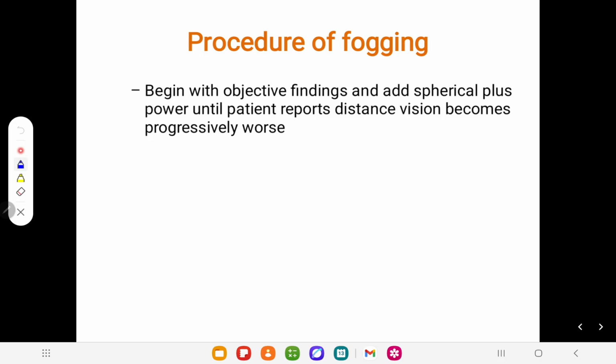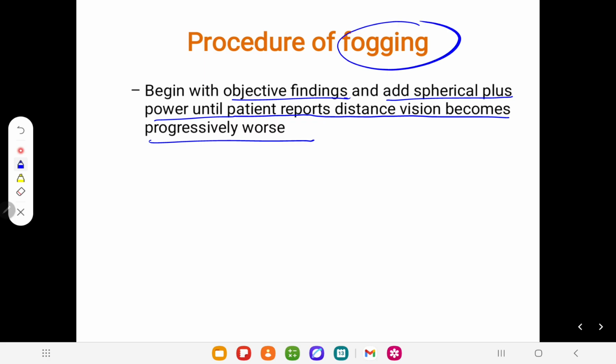The procedure of fogging begins with the objective finding, and you add spherical plus power until the patient reports distance vision becomes progressively worse. For fogging, it always begins with the objective finding, whatever sphere and whatever cylinder you put there.